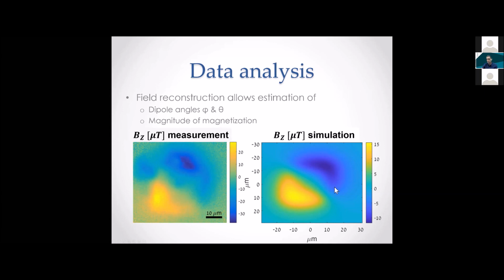So we use the fact that we are well into the dipole approximation to allow us to use the simulations and extract information about magnetic field or magnetization amplitude and angle.